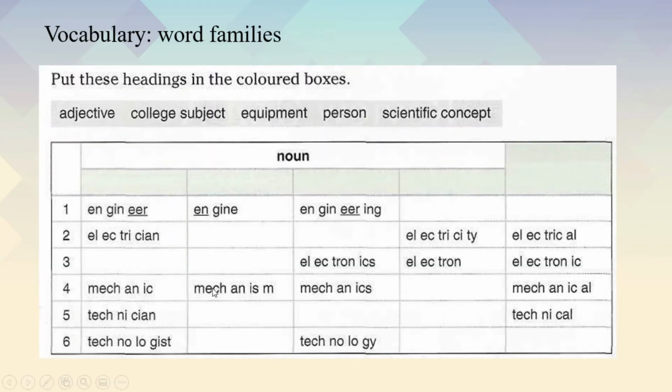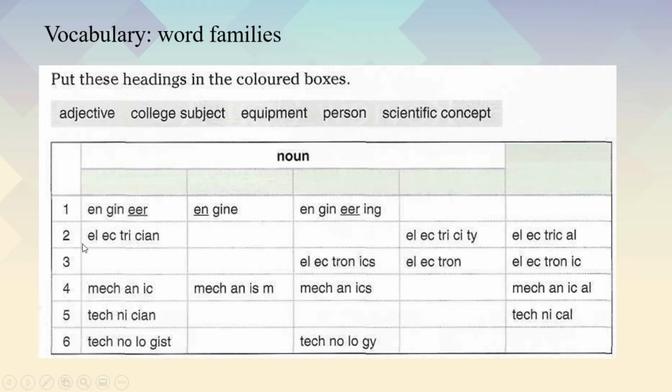We have some word families. Hope you remember word family. Good. Word families are groups of words that have a common feature or pattern. Look at this table. Number one, here we have engineer, engine, engineering. Do you notice a pattern here? They have a common feature.